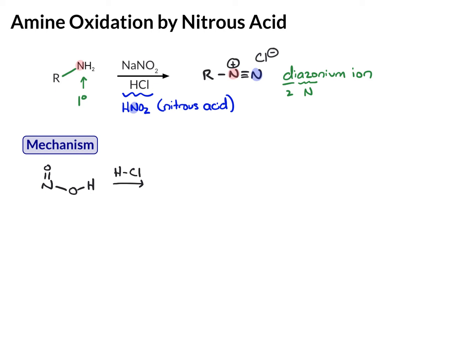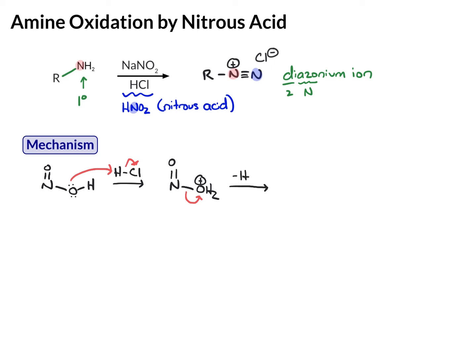And what we're going to do is use a lone pair on this OH and protonate that. So now what we have is water bonded to the molecule, and water is a great leaving group that's going to leave. So let's draw a curved arrow in this bond showing water acting as a leaving group.